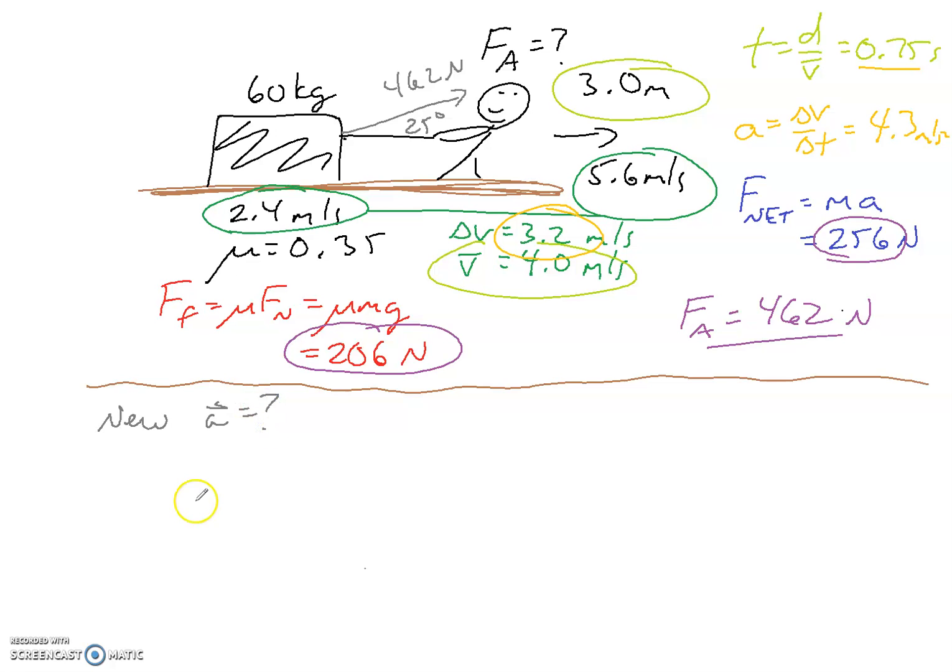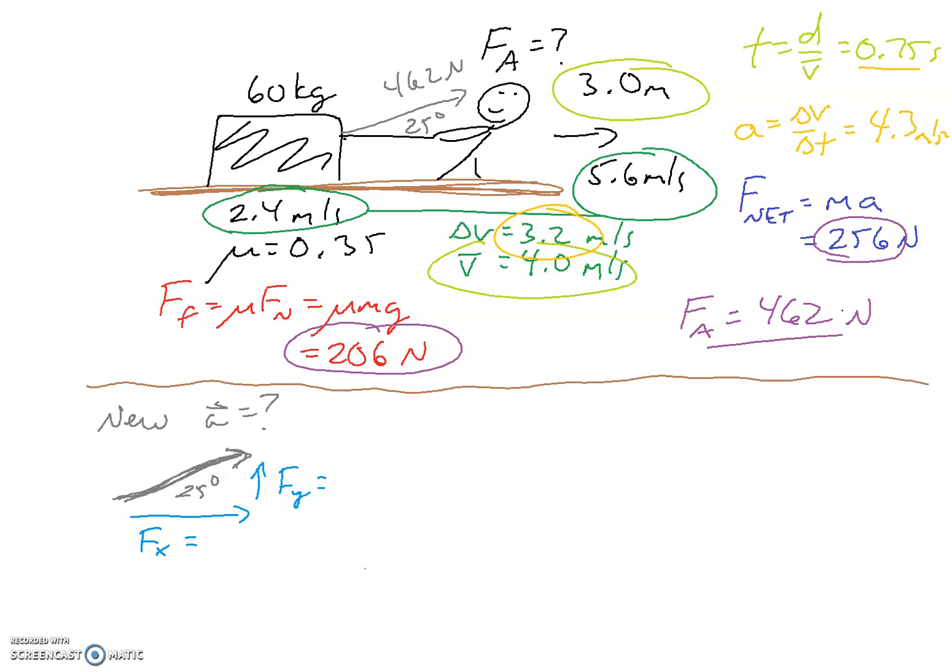Well, since he's actually pulling at an angle, he's pulling out this way at 462 newtons, at 25 degrees. The first thing we need to do is break apart that force into x and y components, the force in the x direction and the force in the y direction.